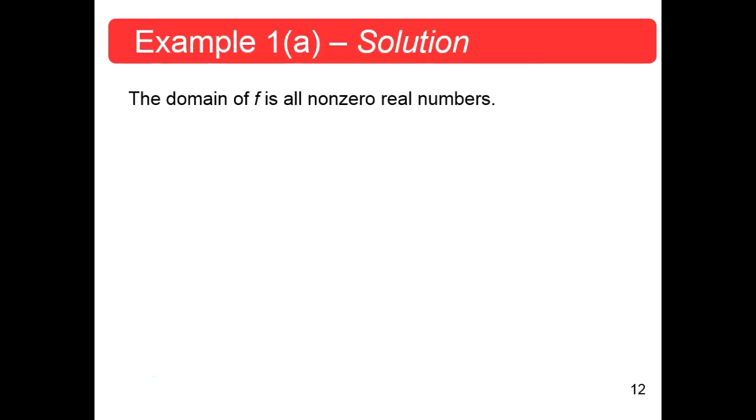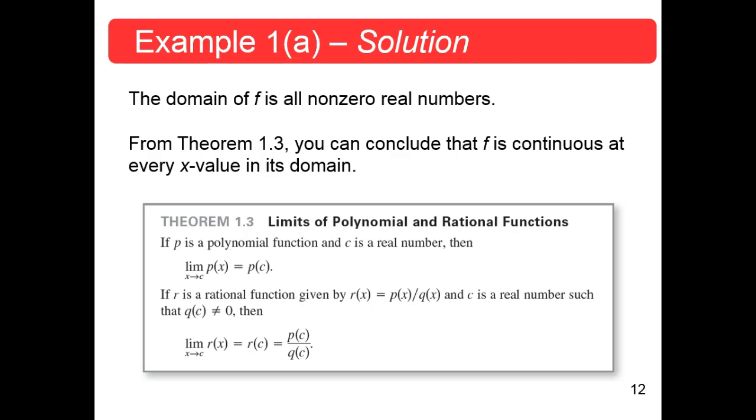Okay? That's our talking about it. Let's see how they do it. The domain of the first one, this is 1a, is all non-zero real numbers. Defined for negatives, defined for positives, but not defined at 0. And from theorem 1.3, you can conclude that f is continuous at every x value in its domain, except it's not defined where it's not in its domain. And here's 1.3.